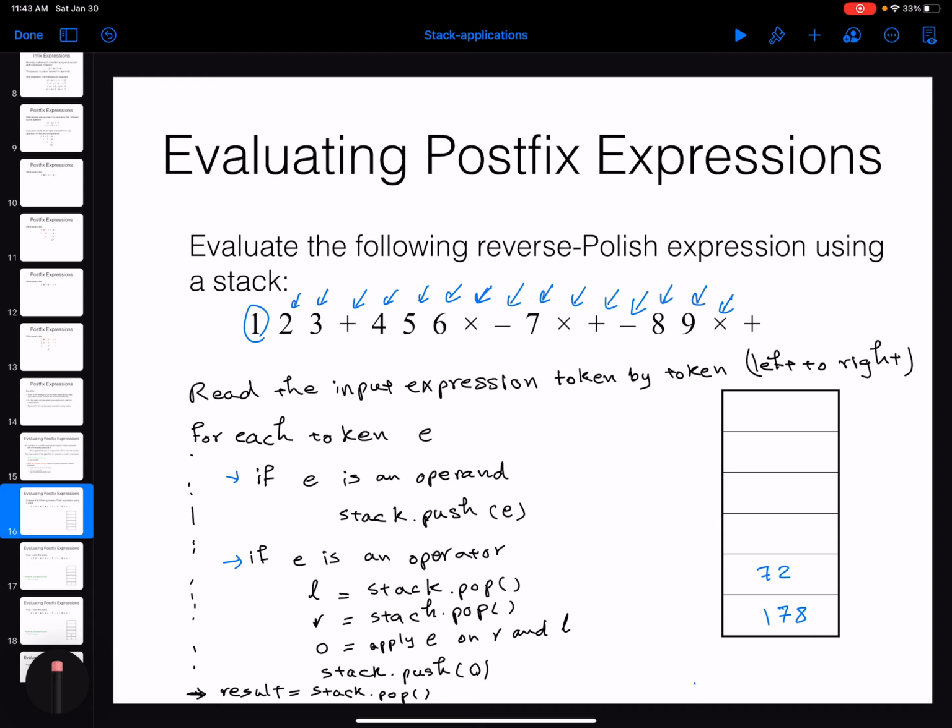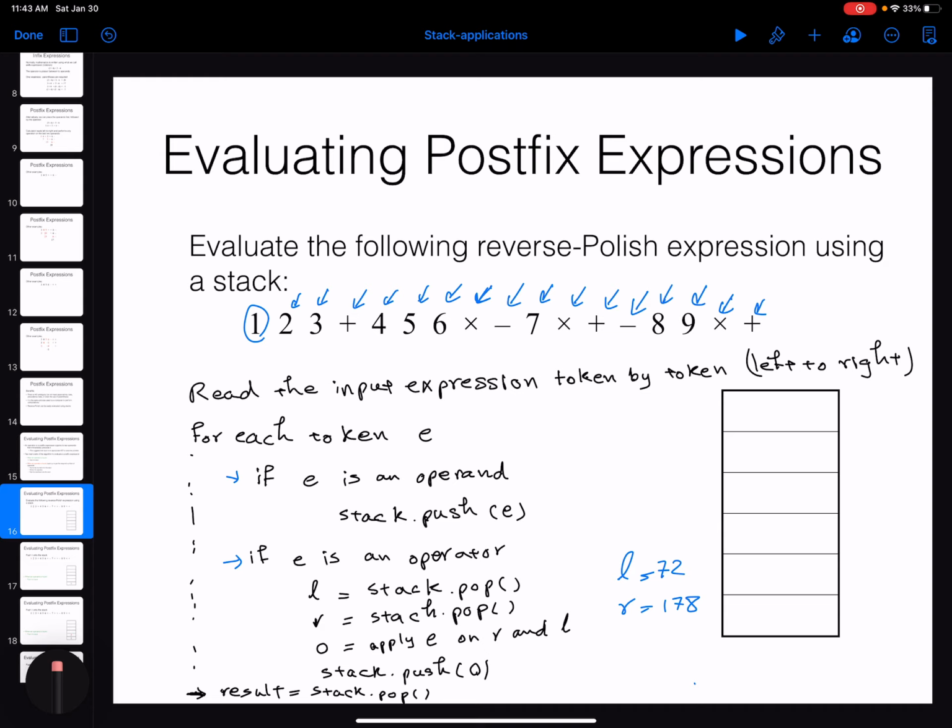The next token is an operator. You pop 72, and R is going to be 178. They are popped from the stack. You add them up and the result will go back in the stack. I'm sure that I probably made some error in this calculation, but excuse me if I did.